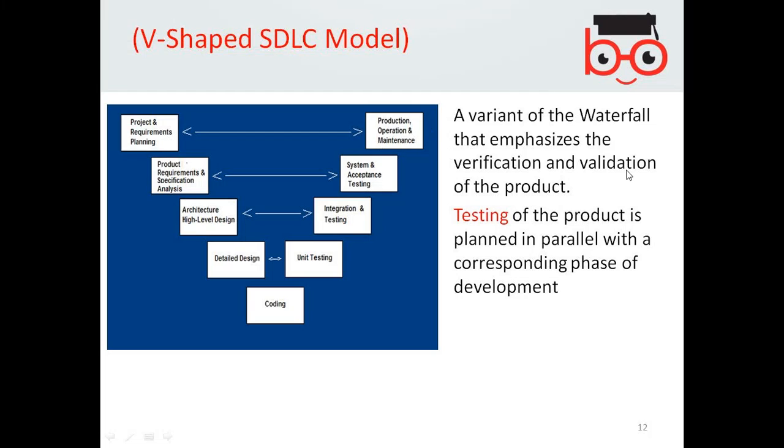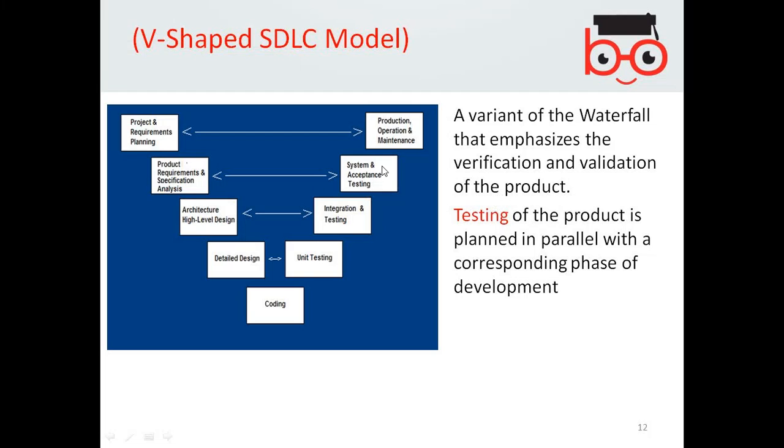Yeah. In verification, you check that you are doing the product right, and in validation that you are doing the right product. Verification and validation is explained in terms of producing the right way, and finally doing the right product. Okay.